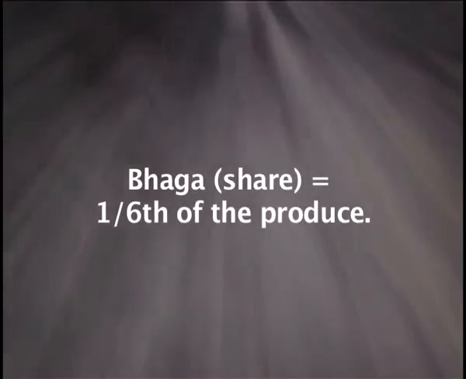Ideally, the ruler should protect his subjects. That's why he is entitled to a share of the produce. The term share of the produce is ideally found in the Sanskrit expression bhaga, share. Usually this share is 1/6 of the produce. This is obviously the principal resource base.